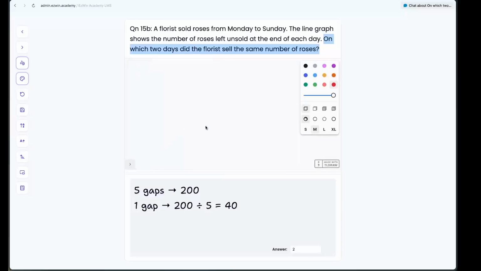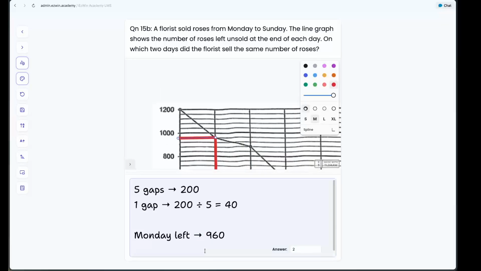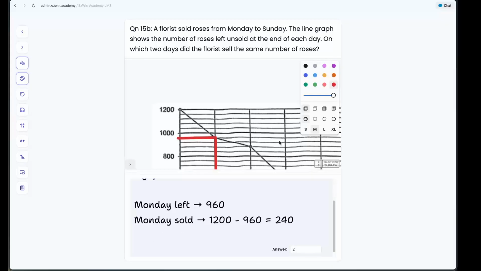For Monday, we are left with not 1000 but 960. So Monday sold is 1200 minus 960, and this will give us 240. Let's move on to the next one.